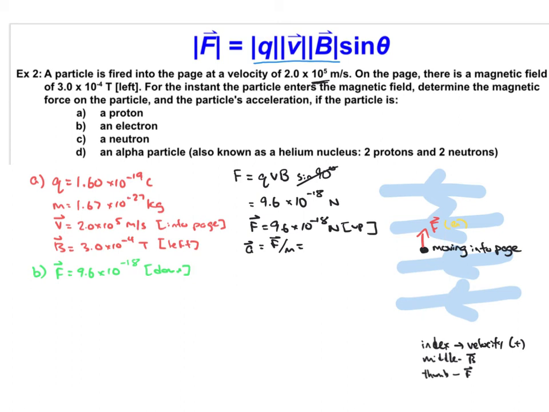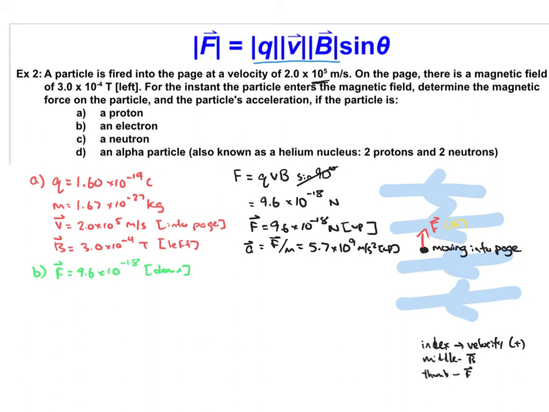That gives me 5.7. And that'll be times 10 to the, so exponent laws here, negative 18 minus negative 27 gives me 10 to the 9 meters per second squared. Okay, so that'll be the acceleration of the proton.